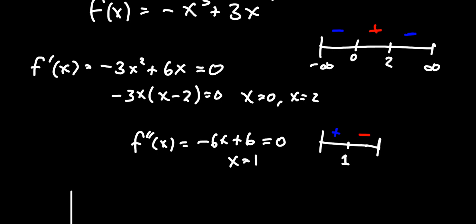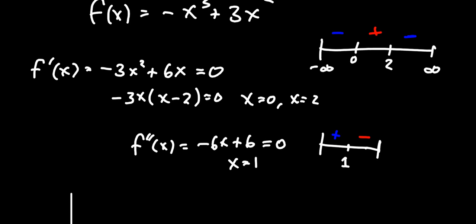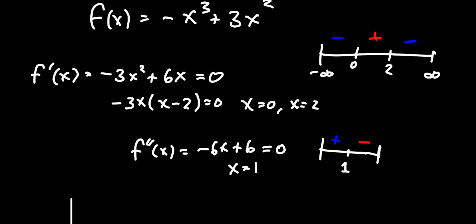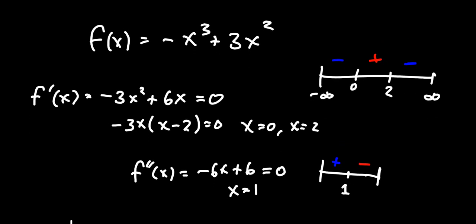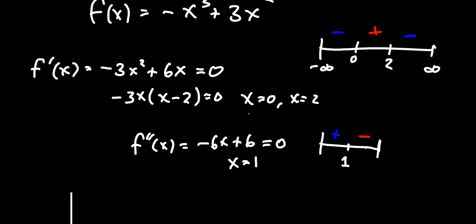Now we just take this all into account, and let's find the actual points. If we plug x equals 0 into the original, we get 0, so y is equal to 0 as well.